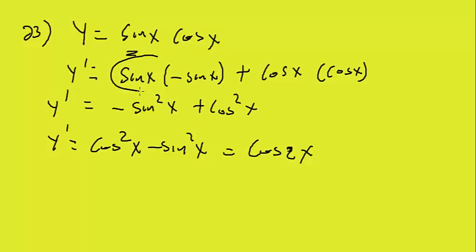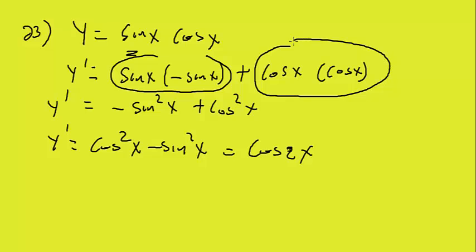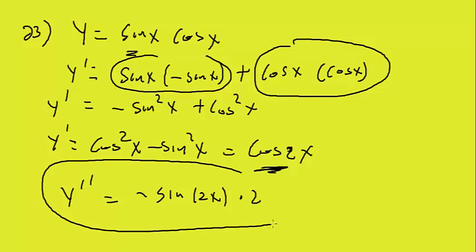But here, I have to keep going like that and use the product rule, so we'll just take a shortcut. And that's a trig identity anyway. So let's take a second derivative. What's the outside function here? Cosine becomes negative sine of 2x times 2. If you know your trig.